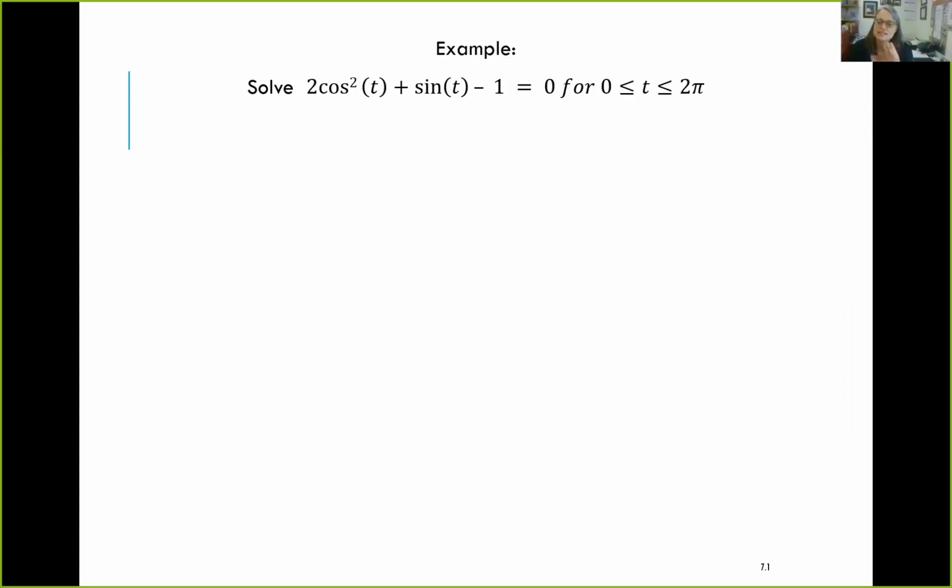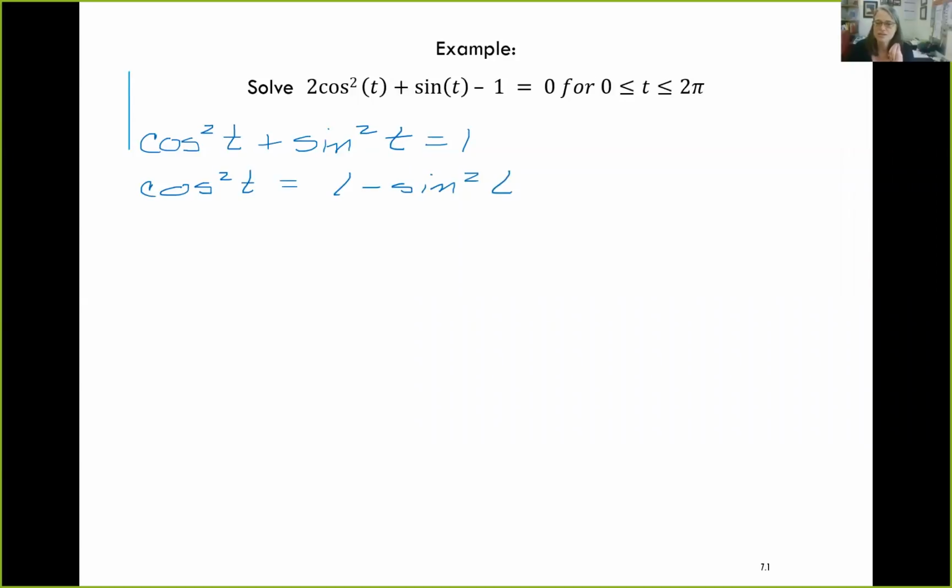So let's remember what our identities are. We've got one that relates cosine squared to sine squared. That'll work. So we know that the cosine squared of an angle plus the sine squared of that angle equals 1, which means that my cosine squared is going to be 1 minus sine squared.